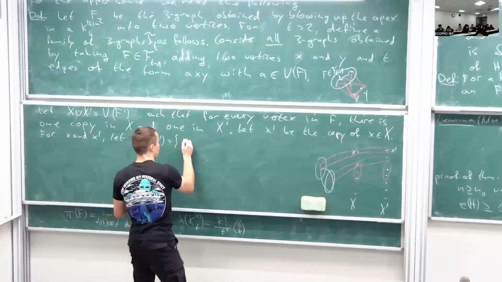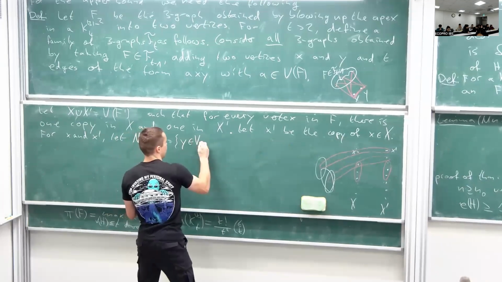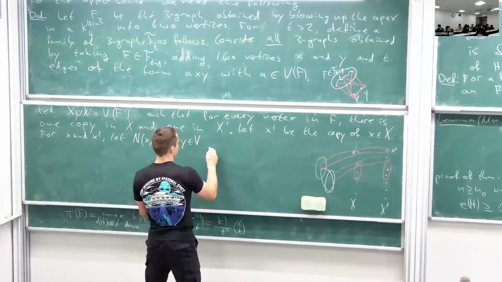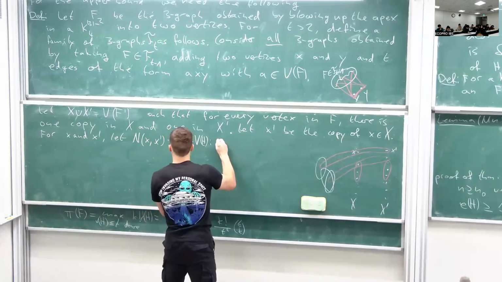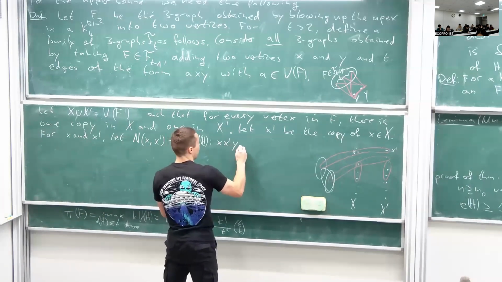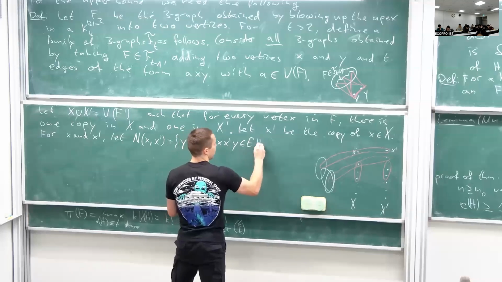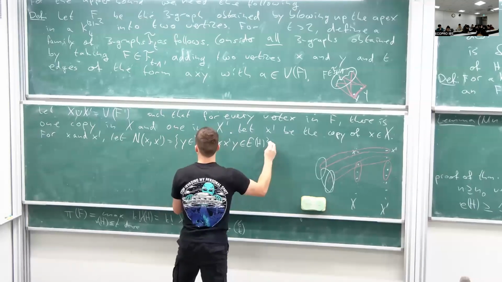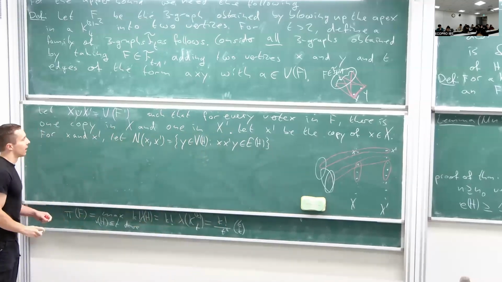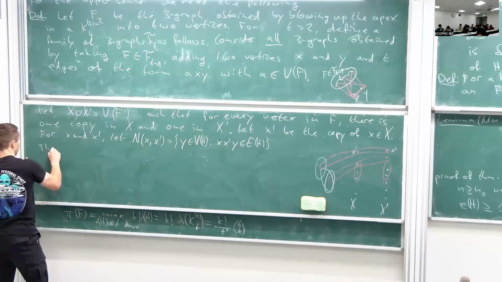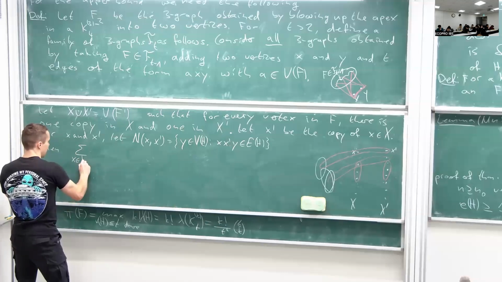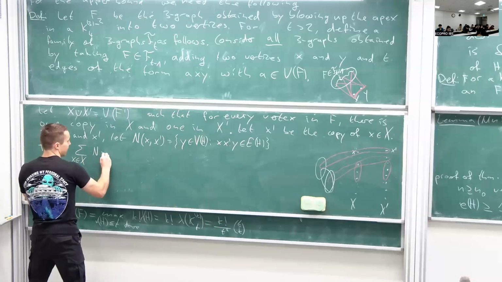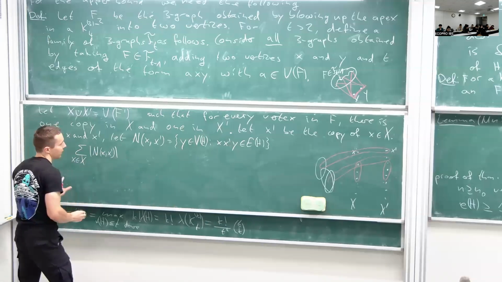So this is all the y in V of H such that x prime y is in H. Then, summing over all x and x prime, the sizes of these.